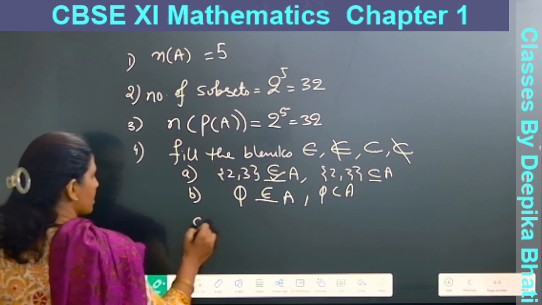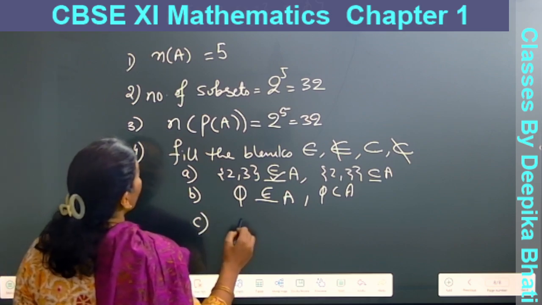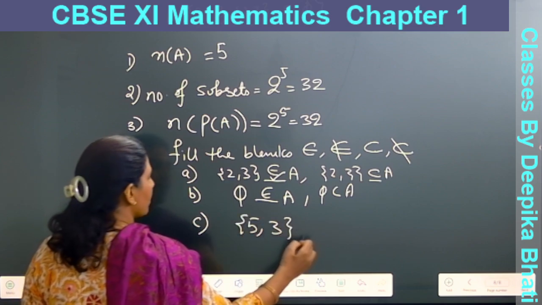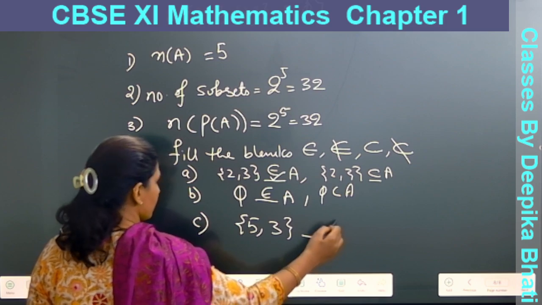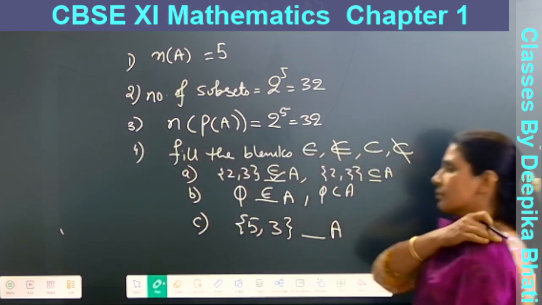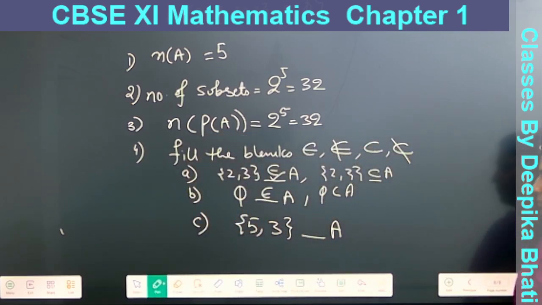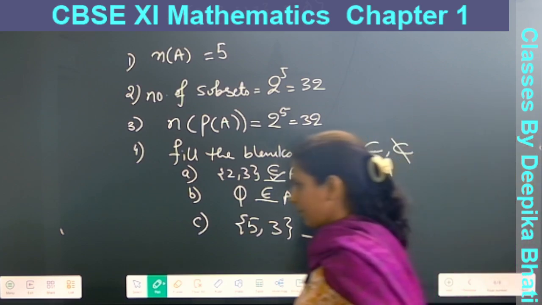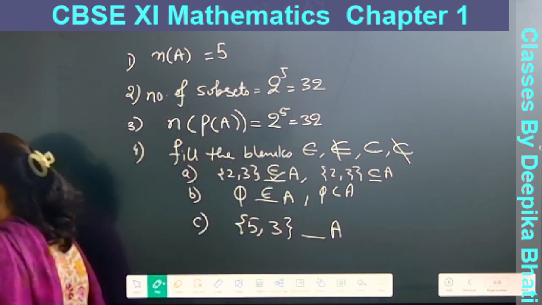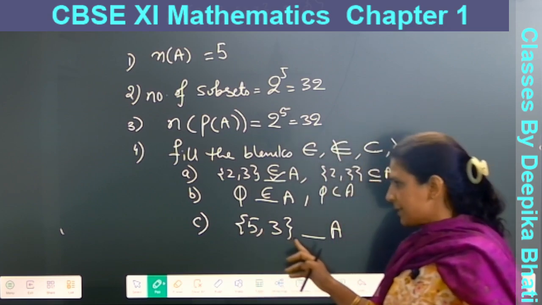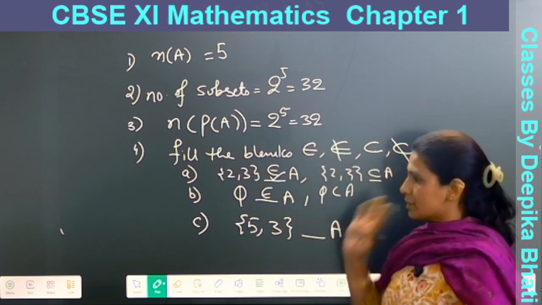So next one is set 5 comma 3. What should I write? Belongs to and a subset. What? No, ma'am, does not belong. We can't talk about belong because this is a set and this is no more a part of this set.